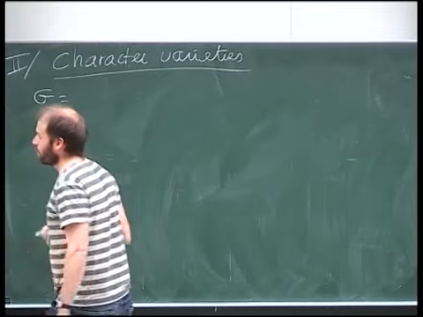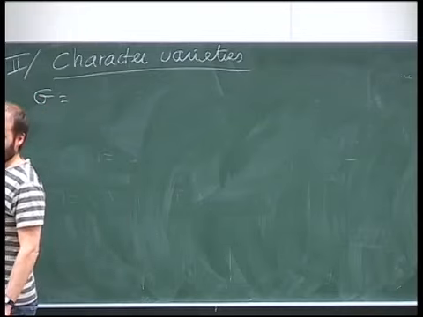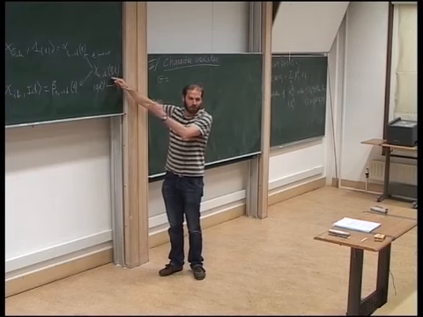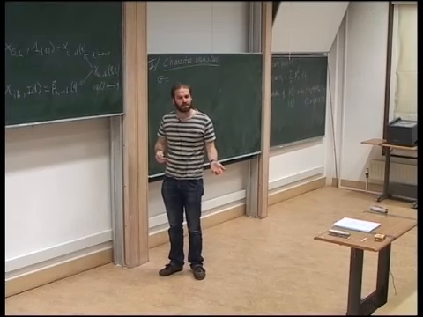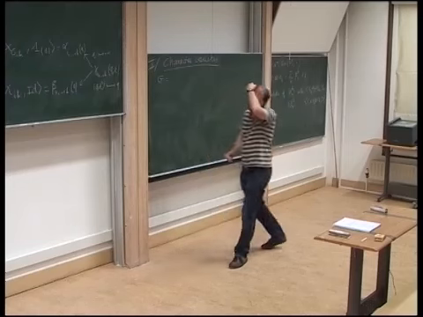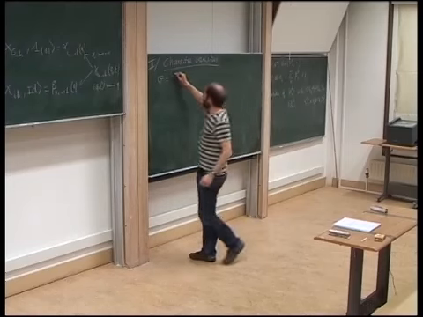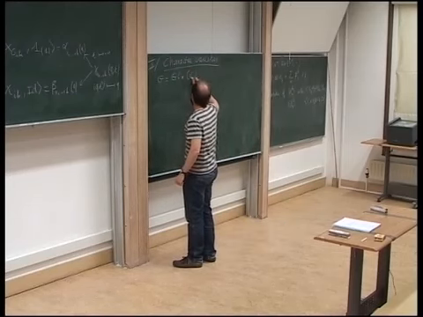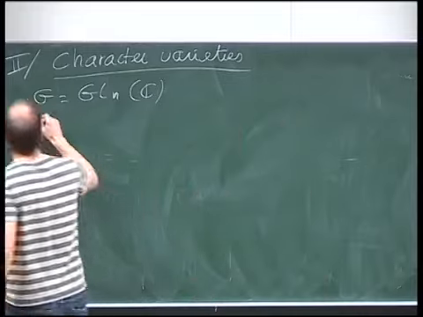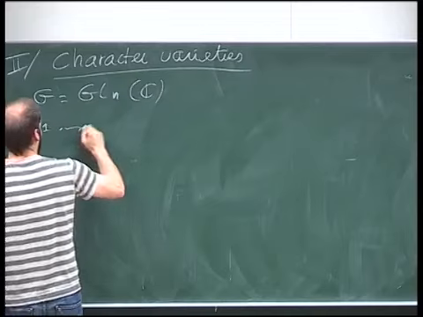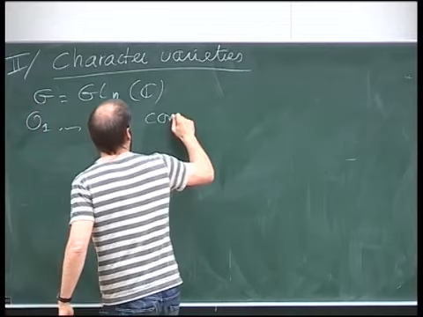For the other groups it will be very difficult, because from the combinatorial point of view we will not be able to use the combinatorics, and the geometrical point of view might have a meaning, but we will discuss this later. So now G is GLN over C, and we take K adjoint conjugacy classes of G.